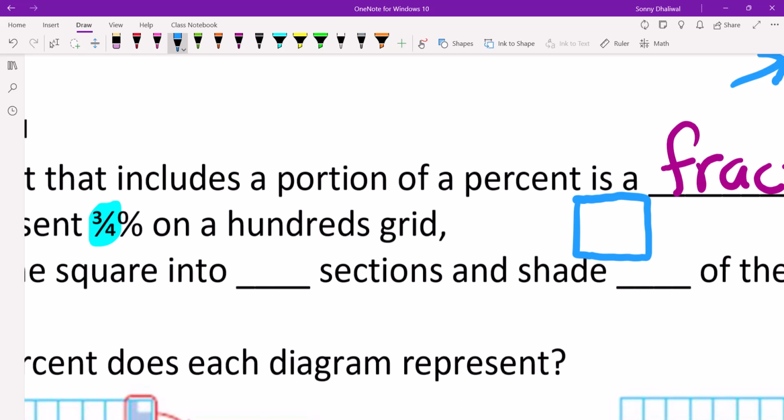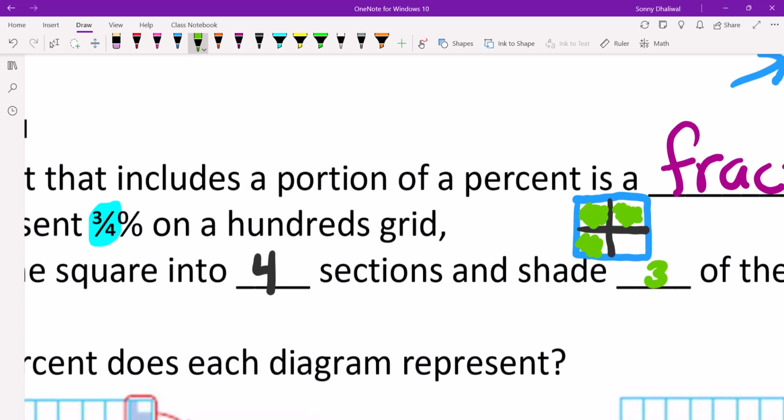So you can break up to 4 vertical pieces, or I like to just go like this, right? So you can divide 1 square into 4 pieces. And C three. Shade 3. The top number tells you what are shaded. And we're going to shade in 3. All right? 1, 2, 3.